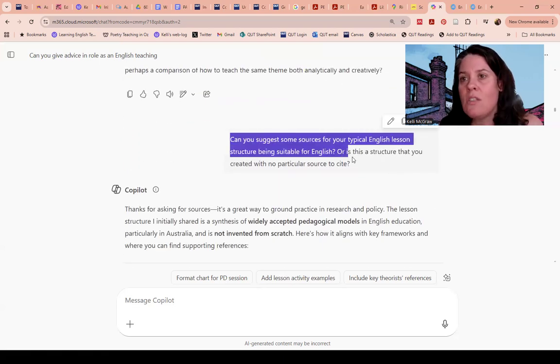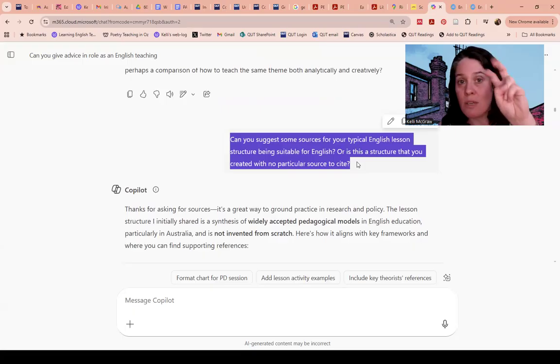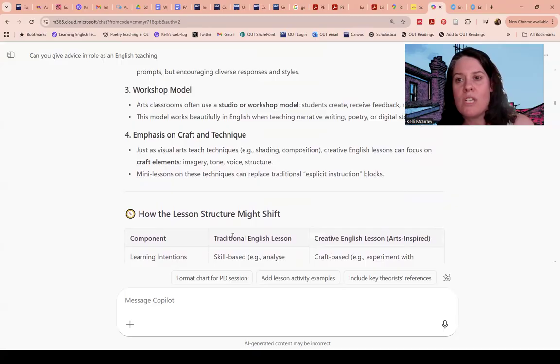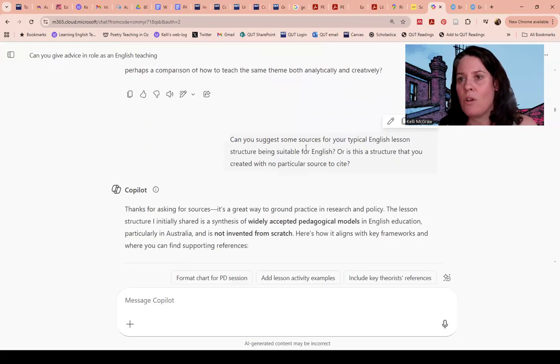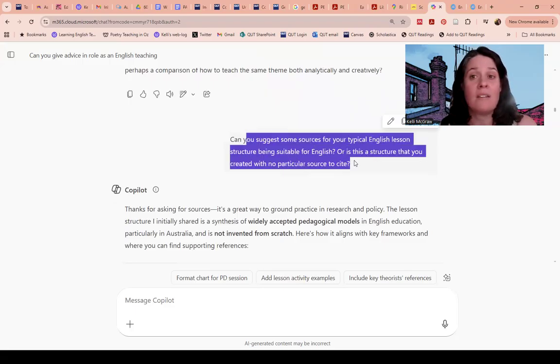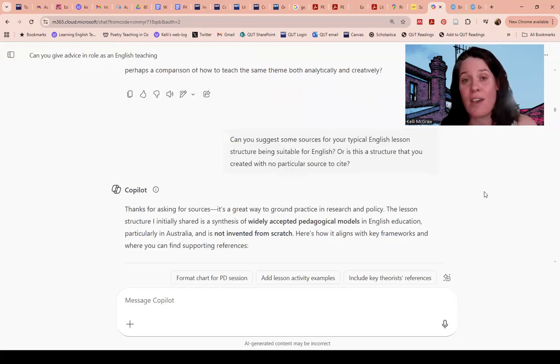So here I said, can you suggest some sources for your typical, because I hate, it's now using the word typical or traditional, and as an English teacher, I get finicky about words, but can you suggest some sources, or is this a structure that you created with no particular source to cite?